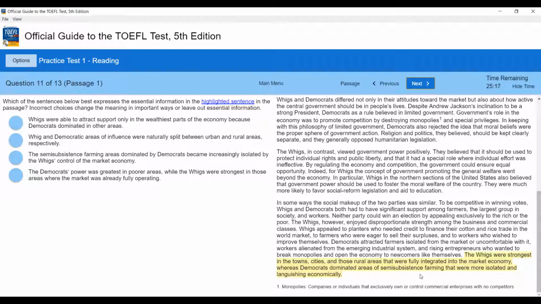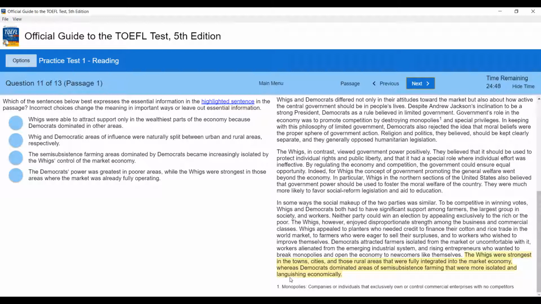Okay. The Whigs were strongest in the towns, cities, and those rural areas that were fully integrated into the market economy. That's where they were strong. Whereas, so this is a contrast word, Democrats dominated areas of semi-subsistence farming that were more isolated and languishing.